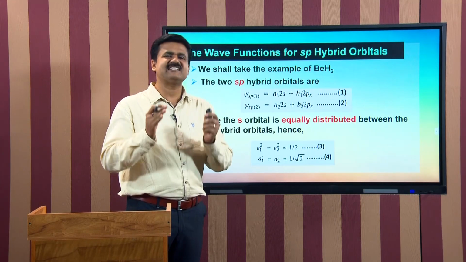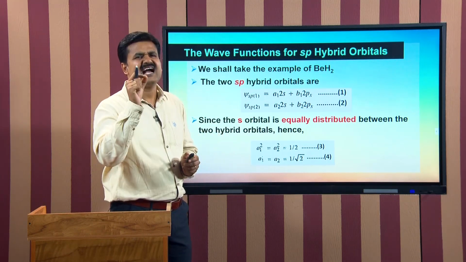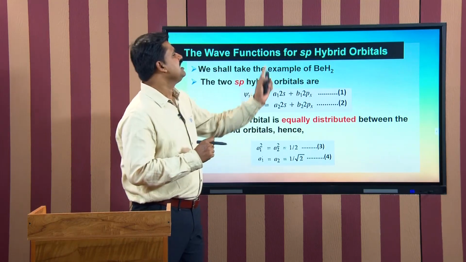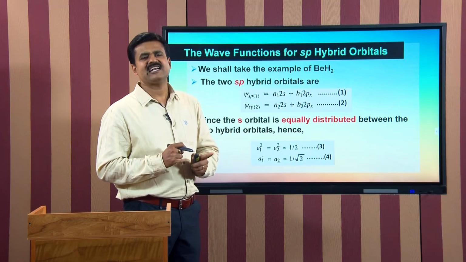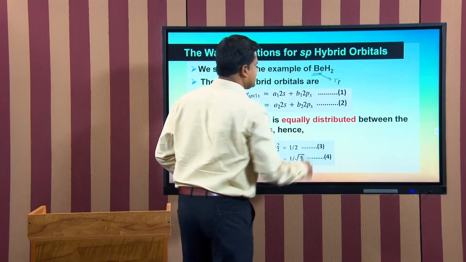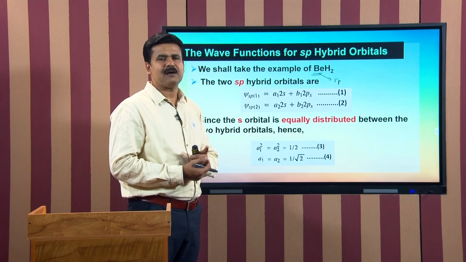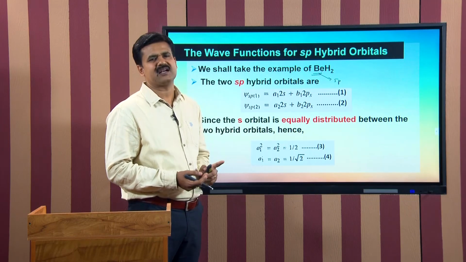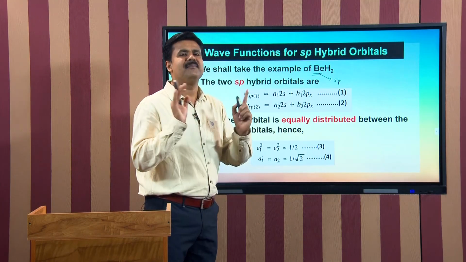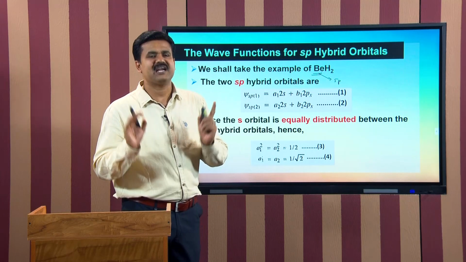In order to illustrate the quantum mechanical treatment of sp hybridization, we are considering an example of a molecule with sp hybridization. The molecule is beryllium hydride BeH2. The central atom beryllium exhibits sp hybridization, that is one s orbital from beryllium combines with one p orbital of the same beryllium to form two sp hybrid orbitals. The molecule beryllium hydride is a good example of a molecule showing sp hybridization.